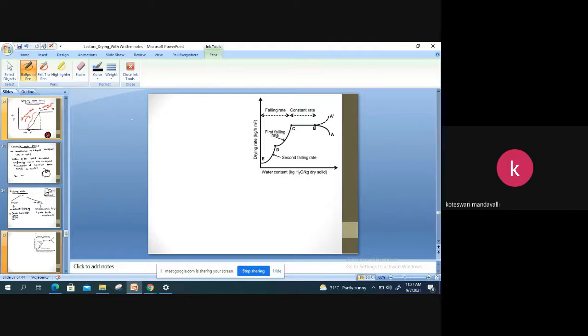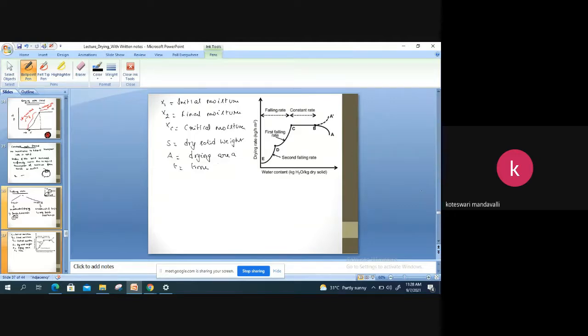Now, if I say x1 is the initial moisture content and x2 is the final moisture content, okay, xc is the critical moisture content, S is the dry solid weight, A is the drying area, and t is the time.